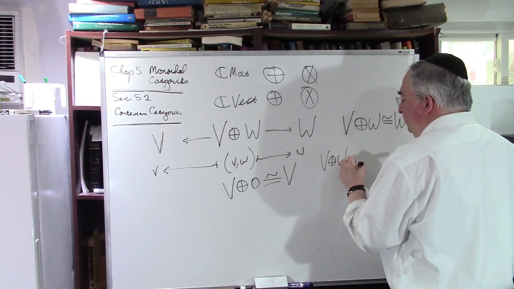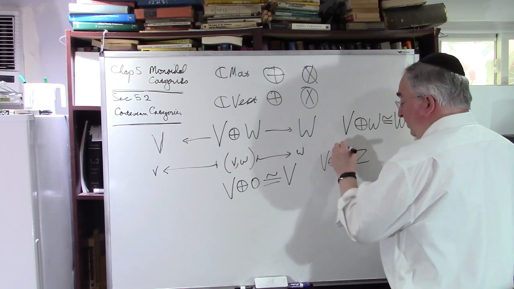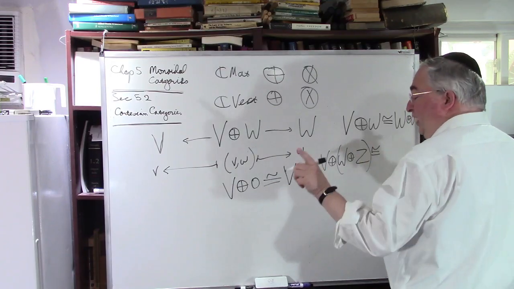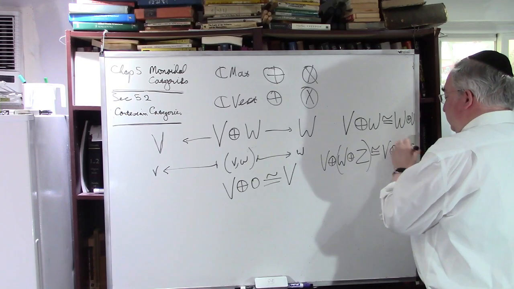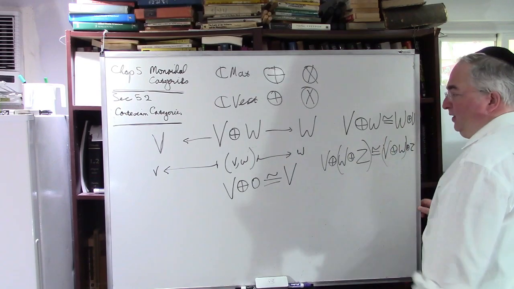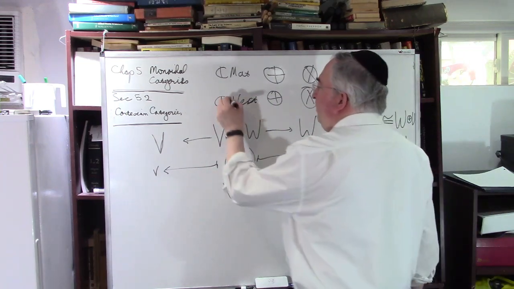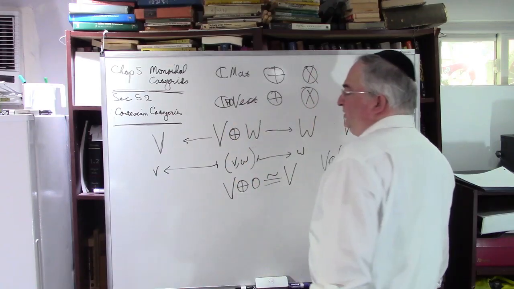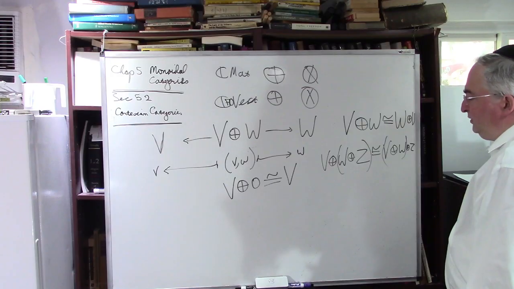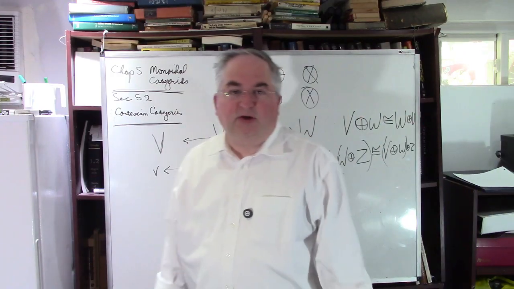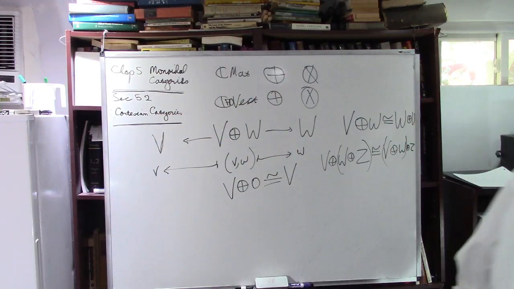V plus (W plus Z) is isomorphic, not equal, to (V plus W) plus Z. And again, just think of a vector space. Oh, I'm sorry, this whole thing is talking about finite dimensional vector spaces, and think of a finite dimensional vector space as an algebraic structure. Okay, great.